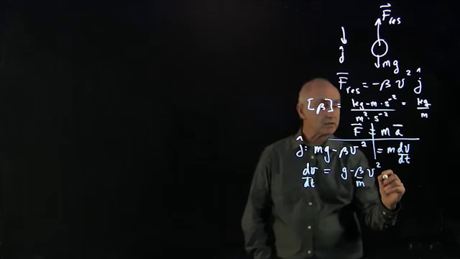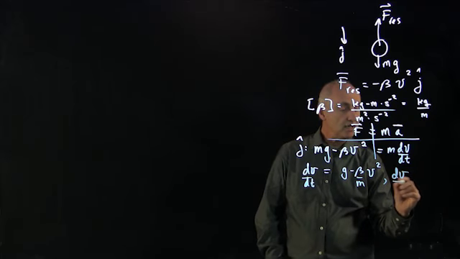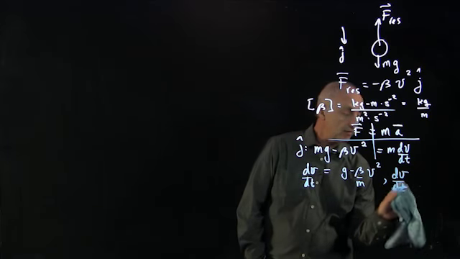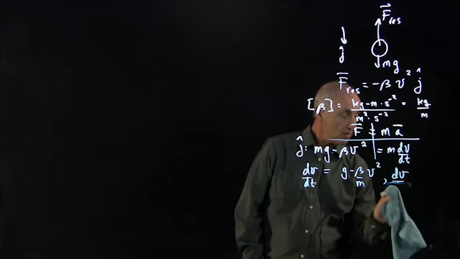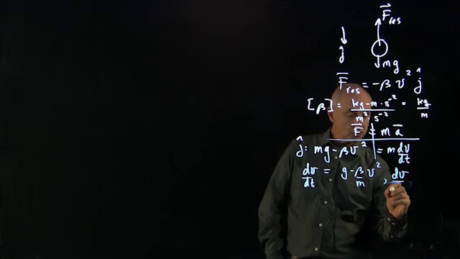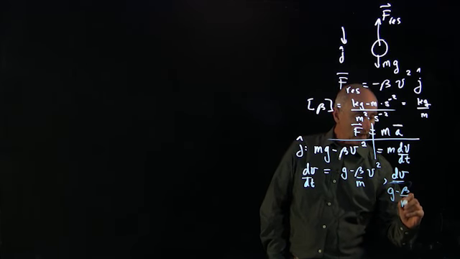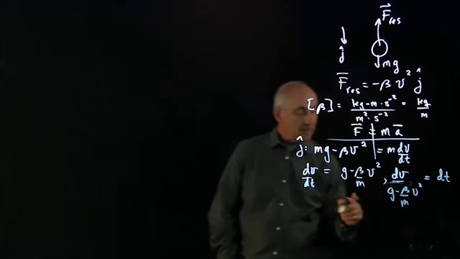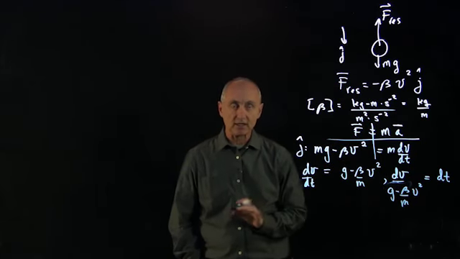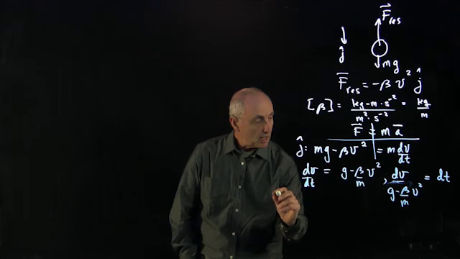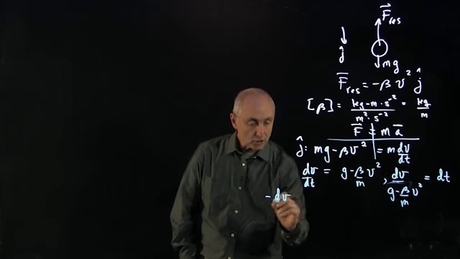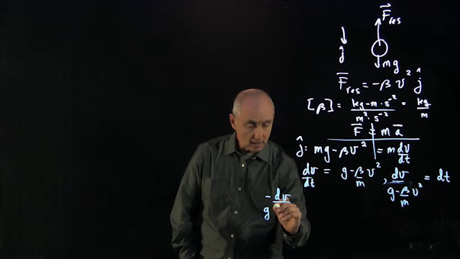And so we'll rewrite this equation, separating out the dv's and the t's. So we have dv times g minus beta over m v squared is equal to dt. Now, I'm going to do two things just to clean this up for algebra a little bit later. I'm going to multiply both sides by a minus sign, and I'm going to pull the g out.